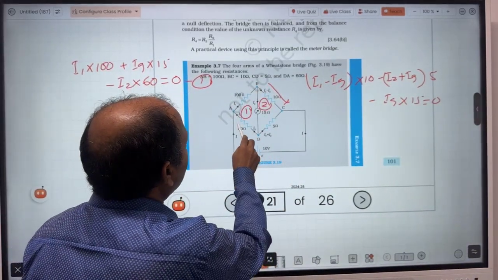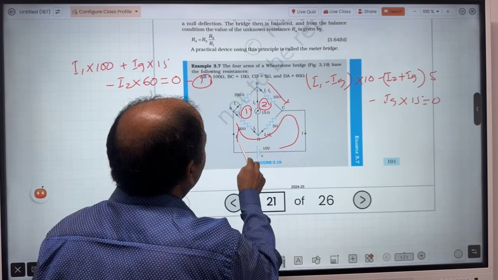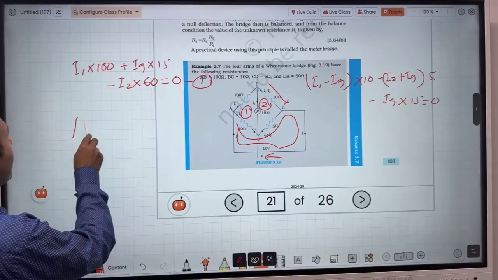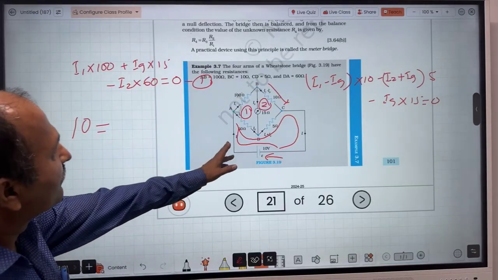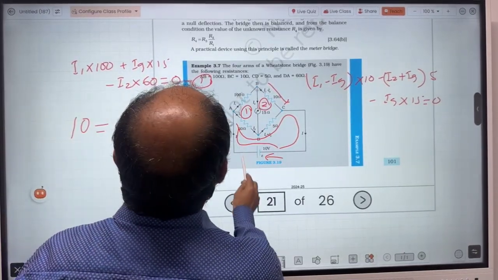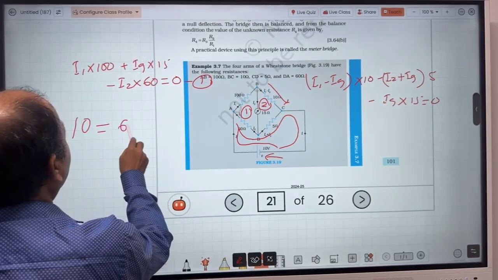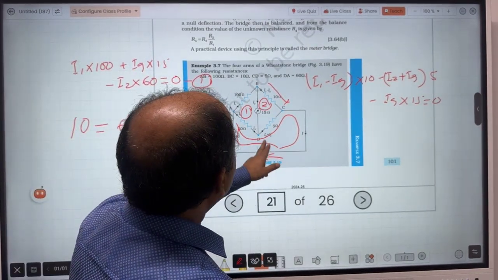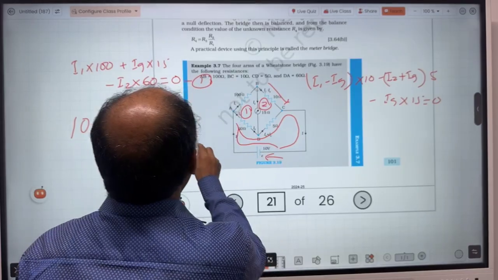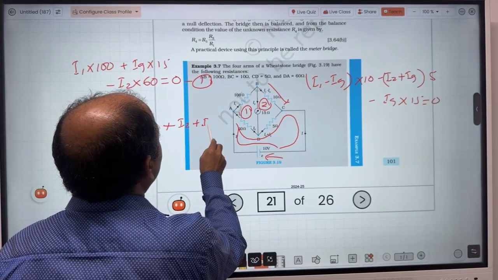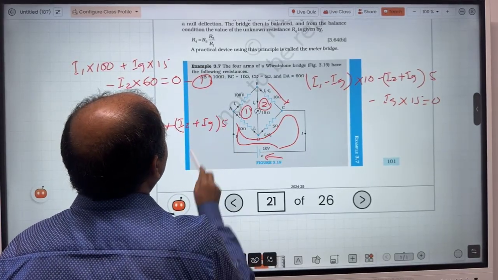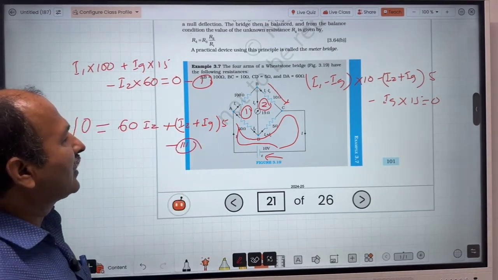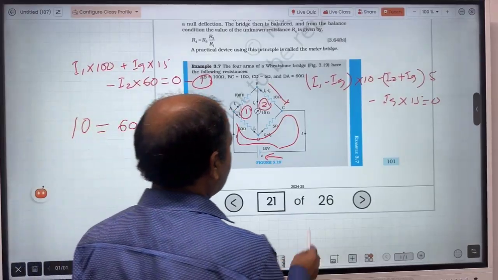Now consider this outside loop, in which the battery is also there, and move like this. Your equation will be 10 equals 60 I2, plus, as you are moving like this, I2 plus Ig times 5. So these are three equations, and we can solve them to get the answer.